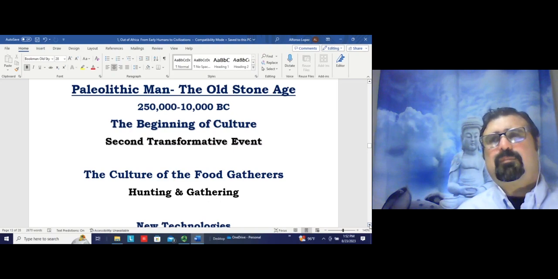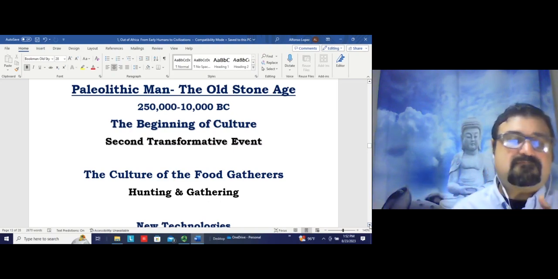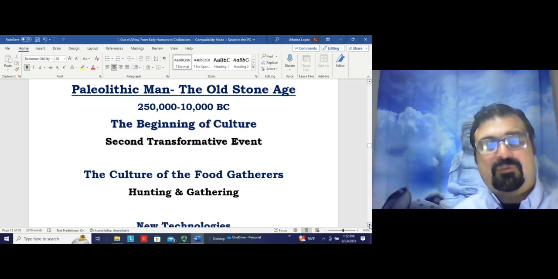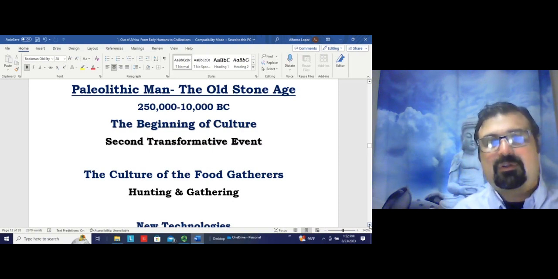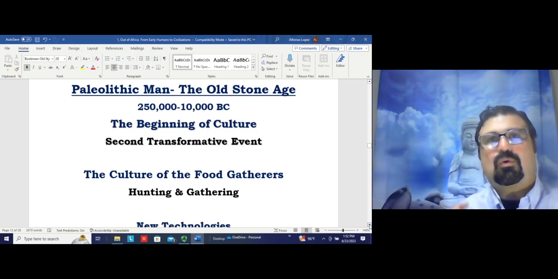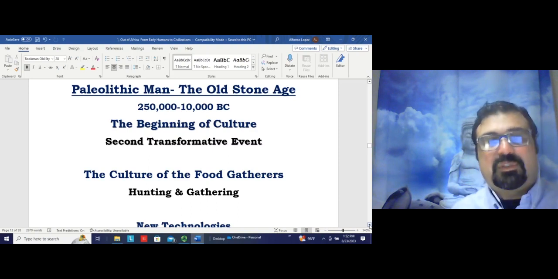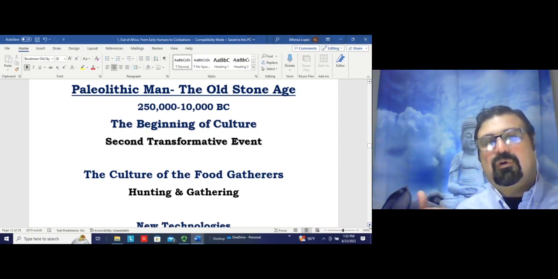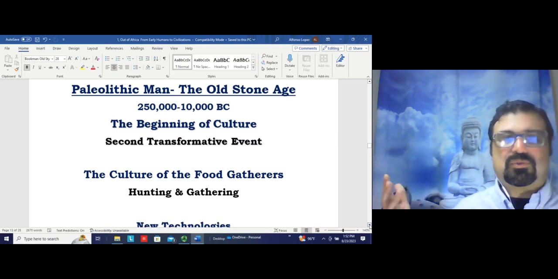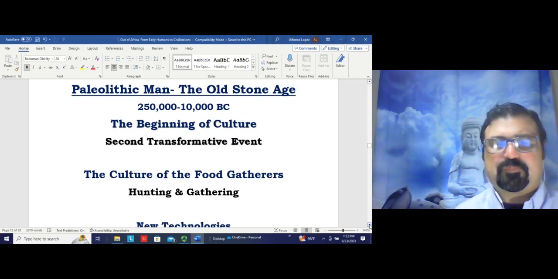But also, it's called the Stone Age because the dwelling places of human beings, the shelters or the locations where human beings actually protected themselves from the natural environment and from wild animals, were caves as well, and they used caves as residences. So this is one of the reasons why this is also called the Stone Age.